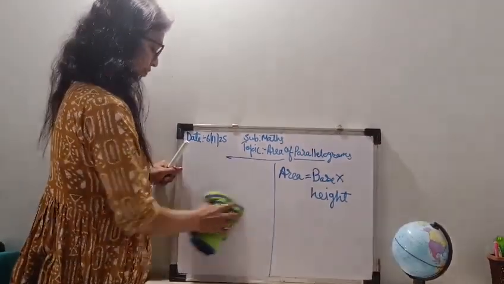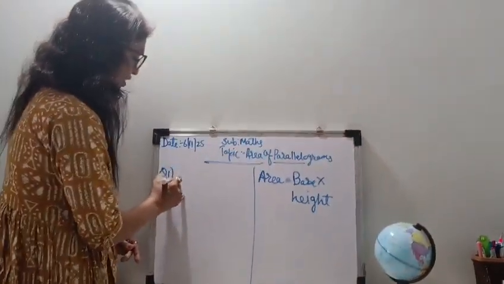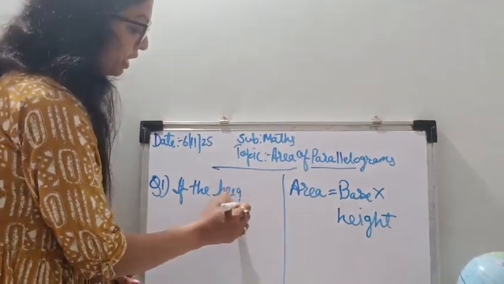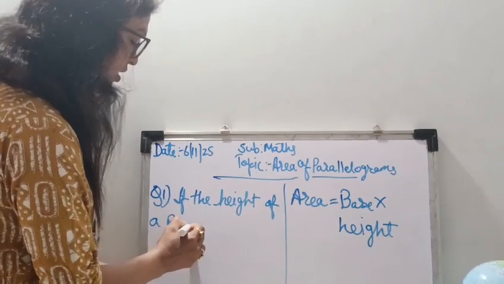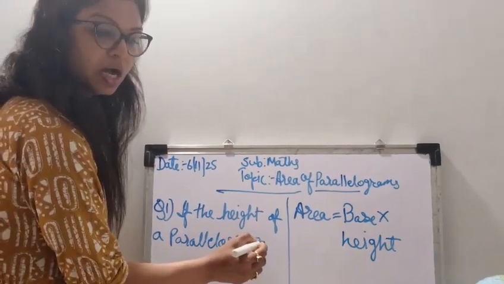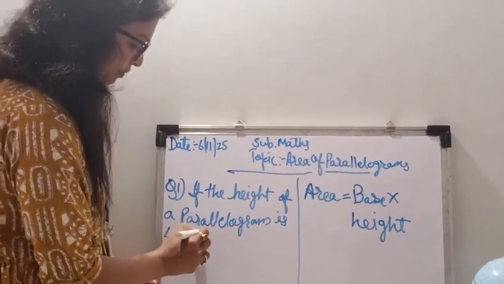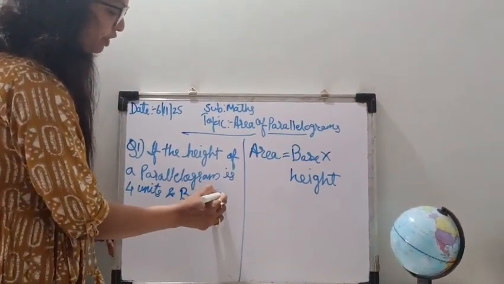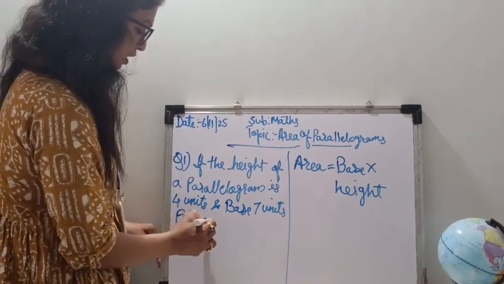If my question is, if the height of a parallelogram is 4 unit and base is 7 units, then find area.